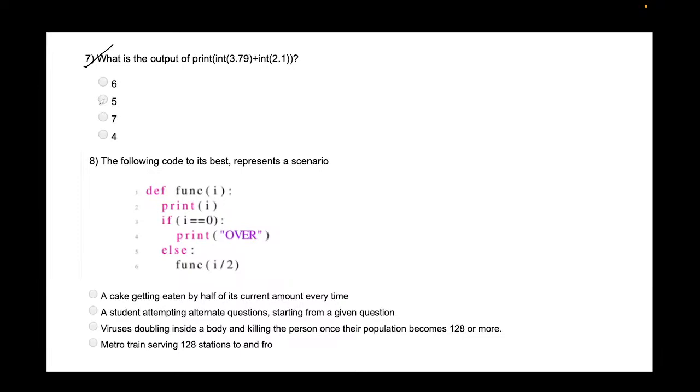Yes, so obviously the answer is option B. Because in typecasting, if we are typecasting floats into integers, the decimals are cut and dropped off. So 3 plus 2 is 5. That is option 2. We get the output 5. Yes.